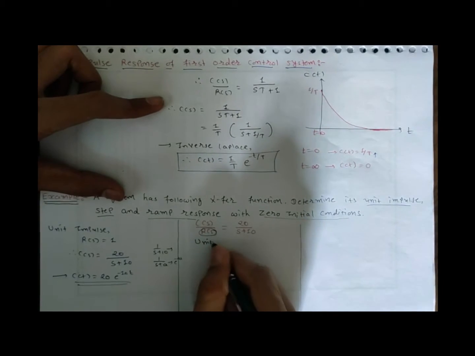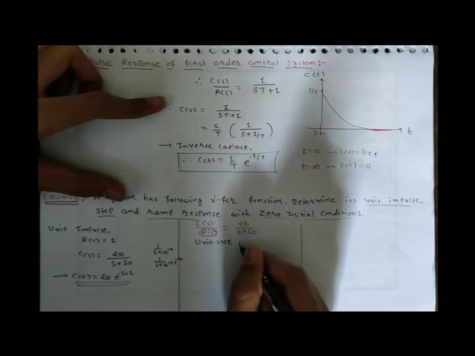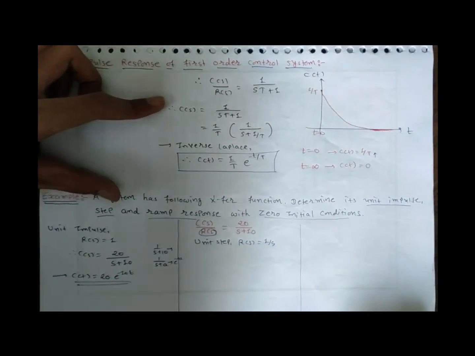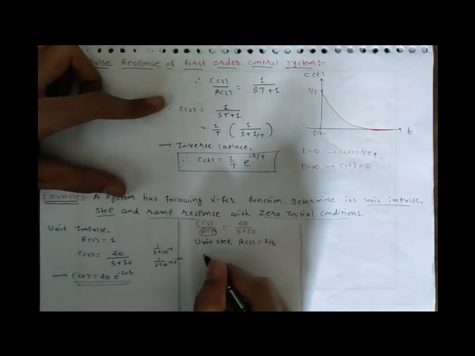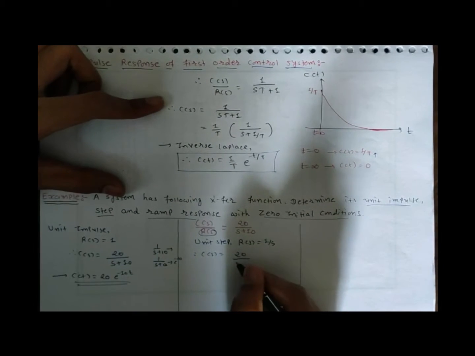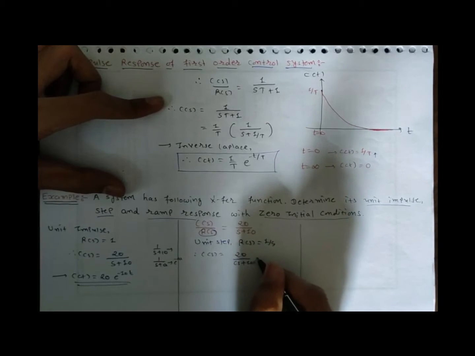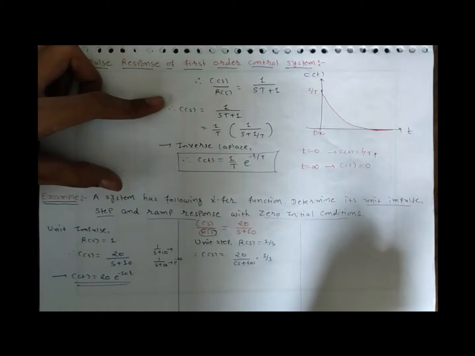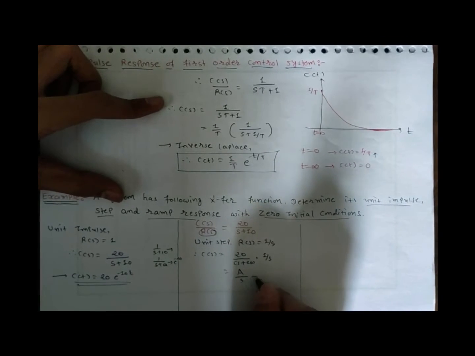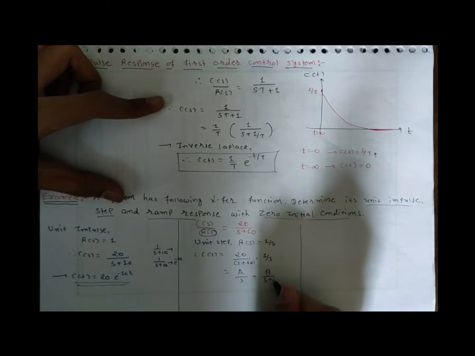In the same way, to find the unit step response you have to put R(s) equal to 1 divided by s. This equation can be simplified as 20 divided by s plus 10 multiplied by 1 upon s. Now take the partial fraction A by s plus B by s plus 10.